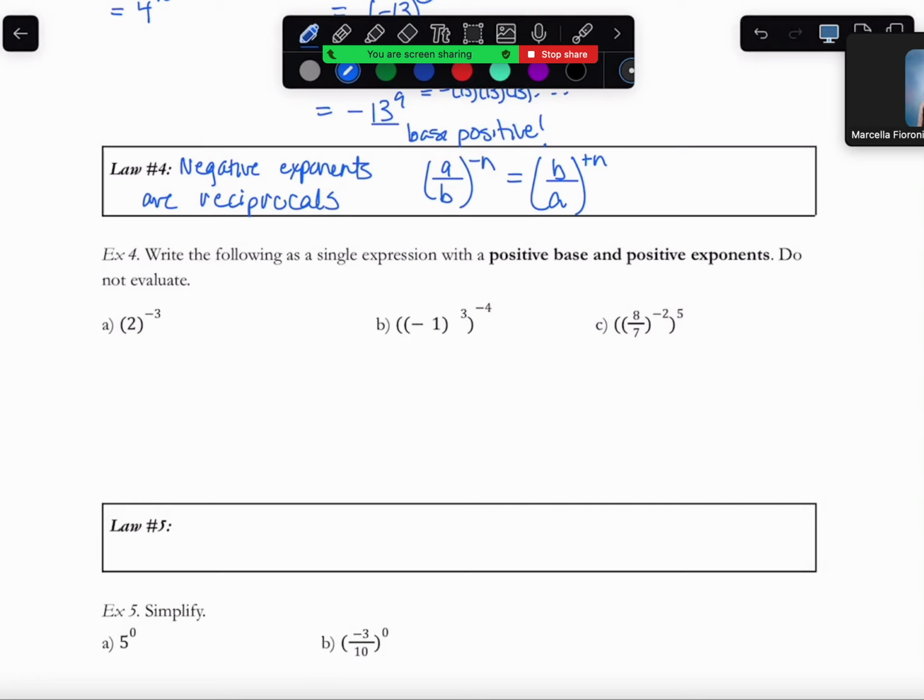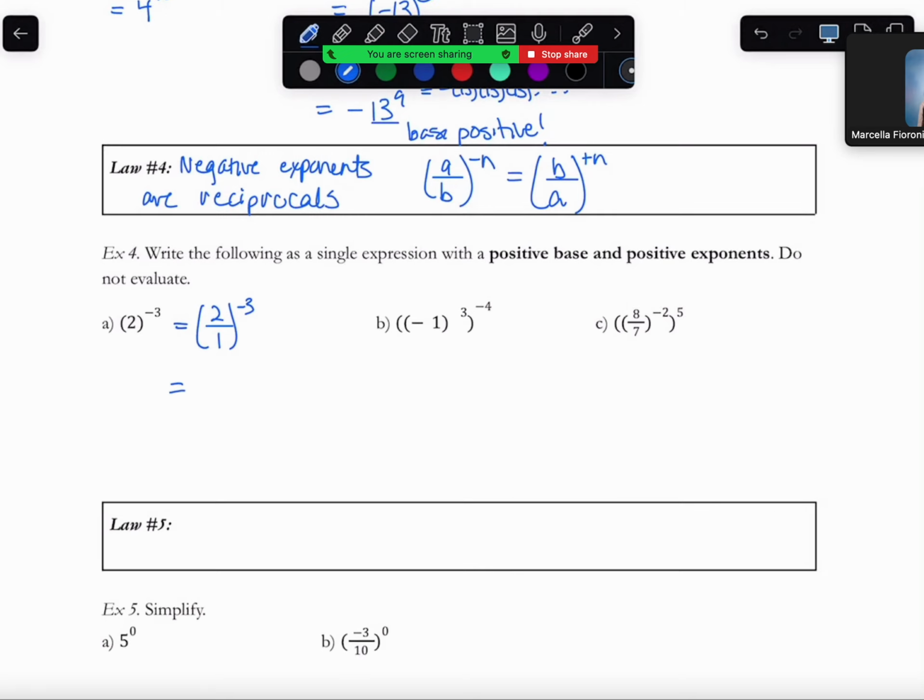So this isn't meant to be a trick question. 2 is the same as 2 over 1, so I can write it like that. And then I do a double step in 1. I'm going to take the reciprocal of the fraction, and I'm going to change the exponent to be positive at the same time.